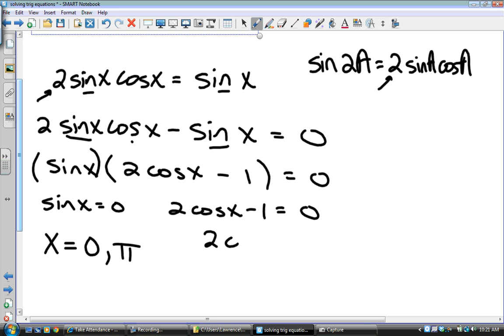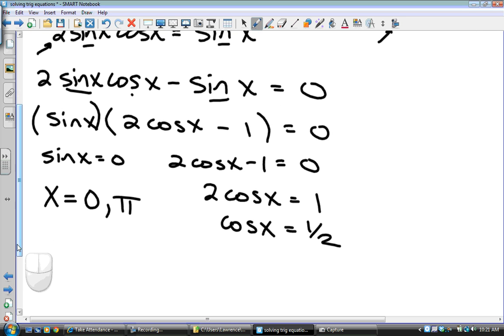So I get rid of the 1s. We get 2 cosine x equals 1. And then get rid of the 2. What would it give me there? A half, right? So you get cosine x equals a half. So where is cosine 1/2? Pi over 3 and somewhere else. Yeah, 5 pi over 3.